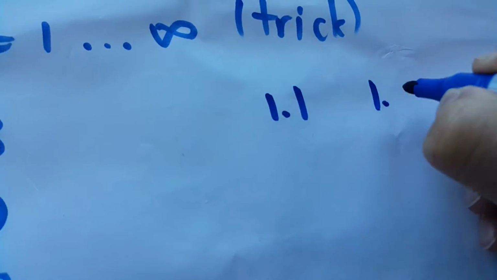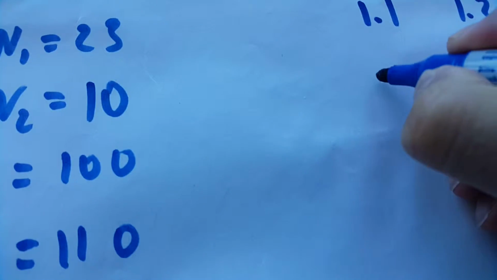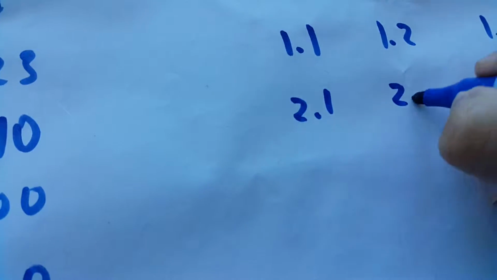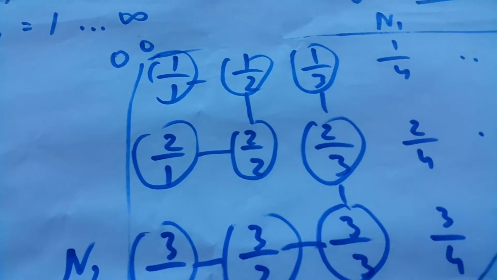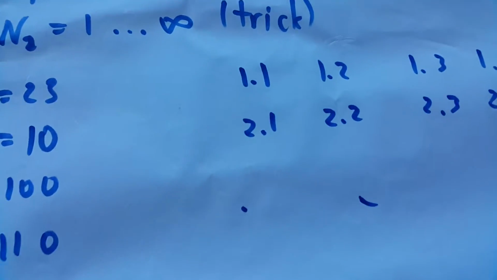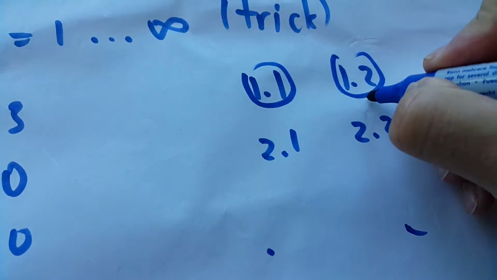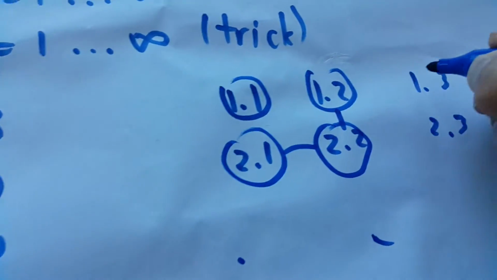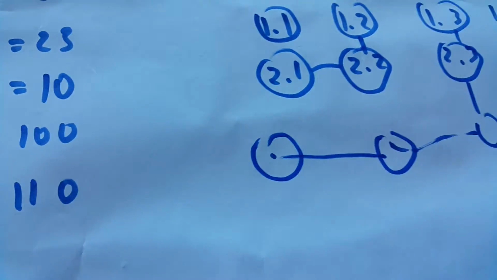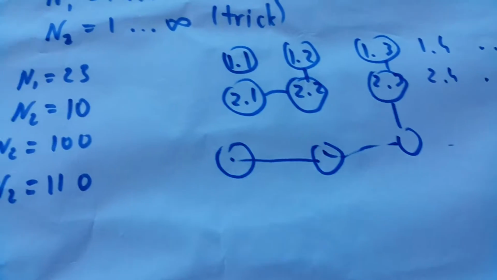So 1.1, 1.2, 1.3, 1.4, and so on, 2.1, 2.2, 2.3. You get the idea, right? I'm not going to write all of them because it's exactly the same table as here, just with dots instead of a division symbol. And exactly like rational numbers, we can list all of them. This is first, this is second, this is next, this is next. Like this. So it's very easy.